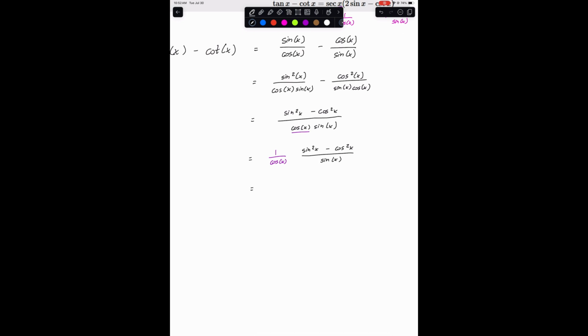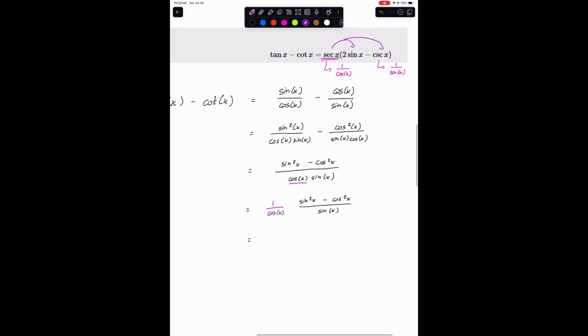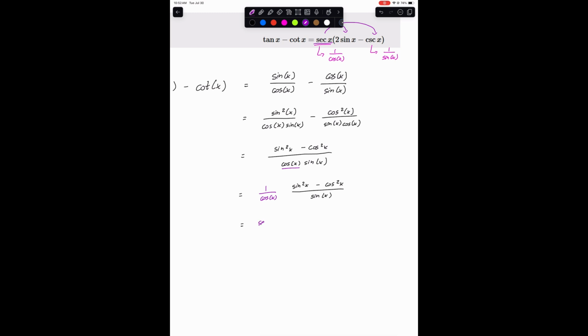Now here I can rewrite my 1 over cosine to just secant. So secant x times that whole fraction, which I will just copy paste.